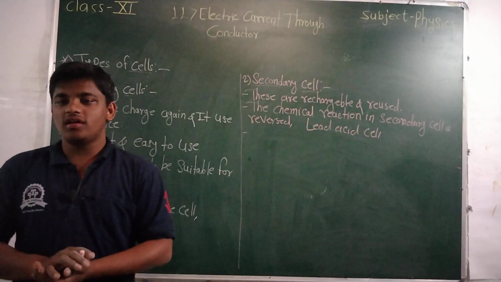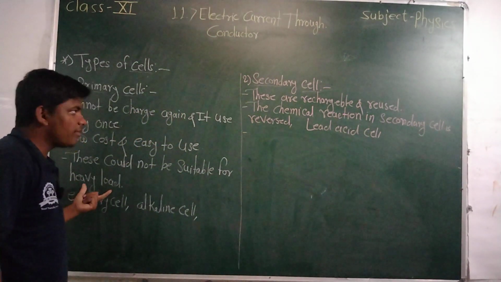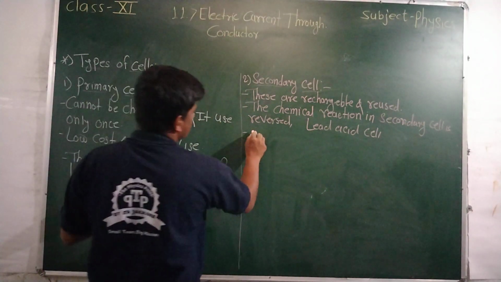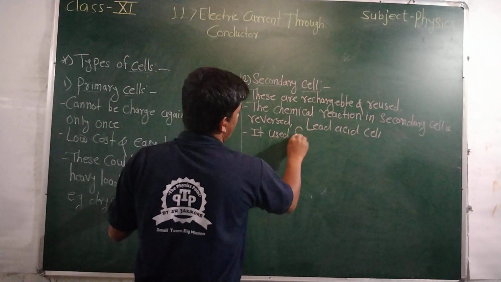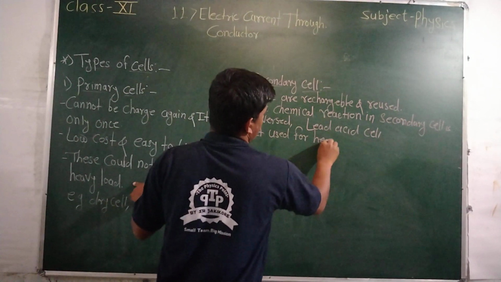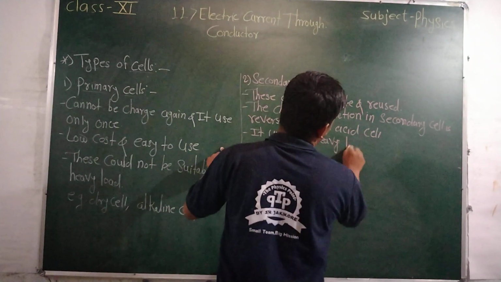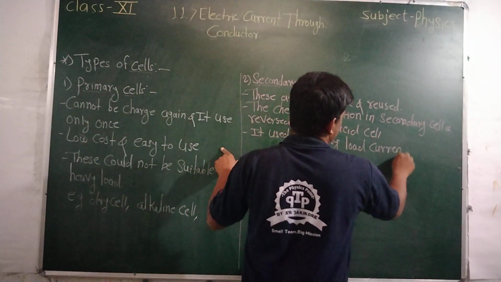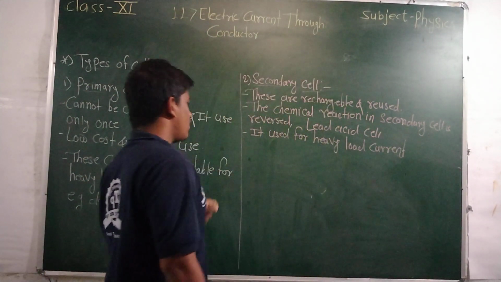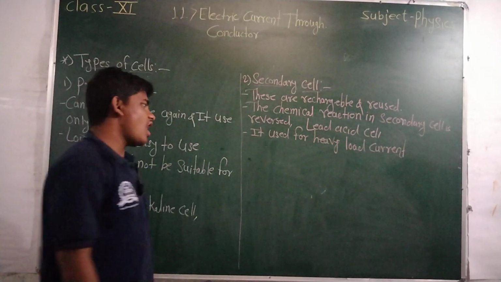Primary cells cannot be used for a heavy load of current, but secondary cells are used for heavy load current. Another of the best examples of secondary cells is the solar cell.